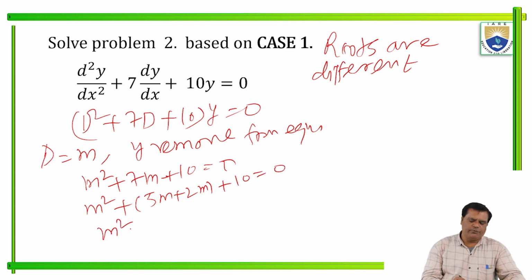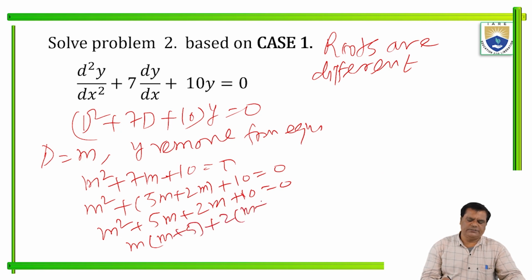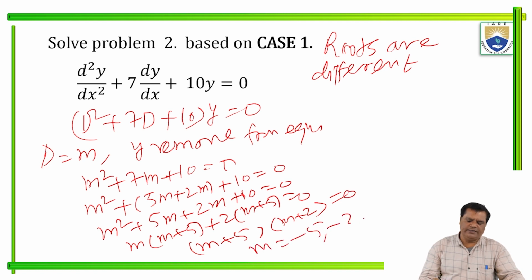So (m + 5) is common, giving (m + 5)(m + 2) = 0. So m = -5 and -2.